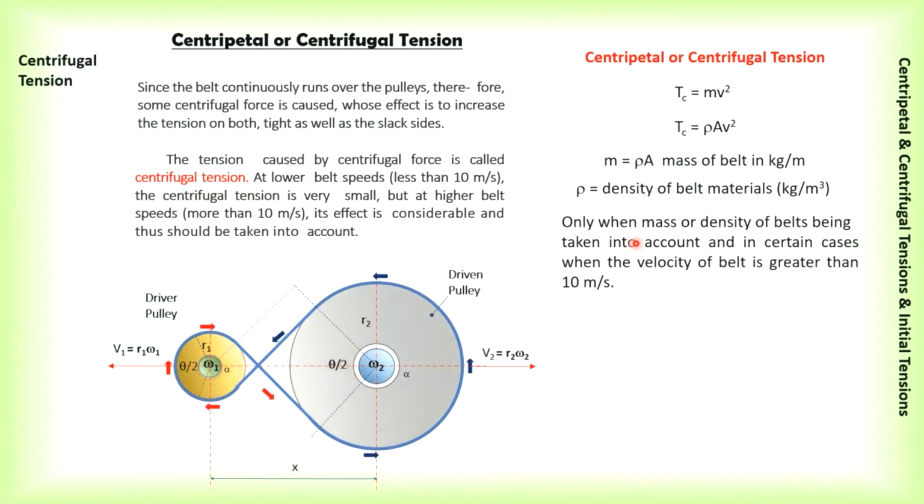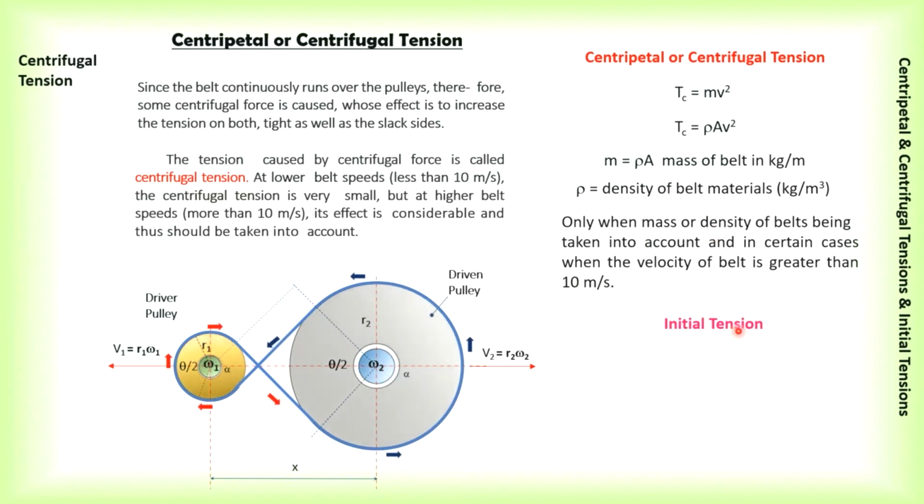When solving problems, if mass or density is not given, or the belt velocity is less than 10 meters per second, then we won't take TC into account. Unless mass or density is given or the speed is greater than 10 meters per second, then only TC will be considered.